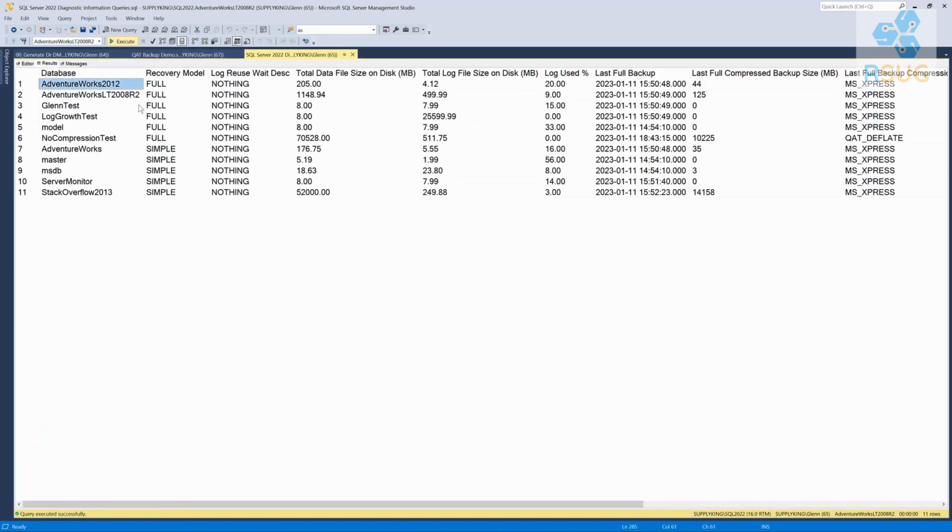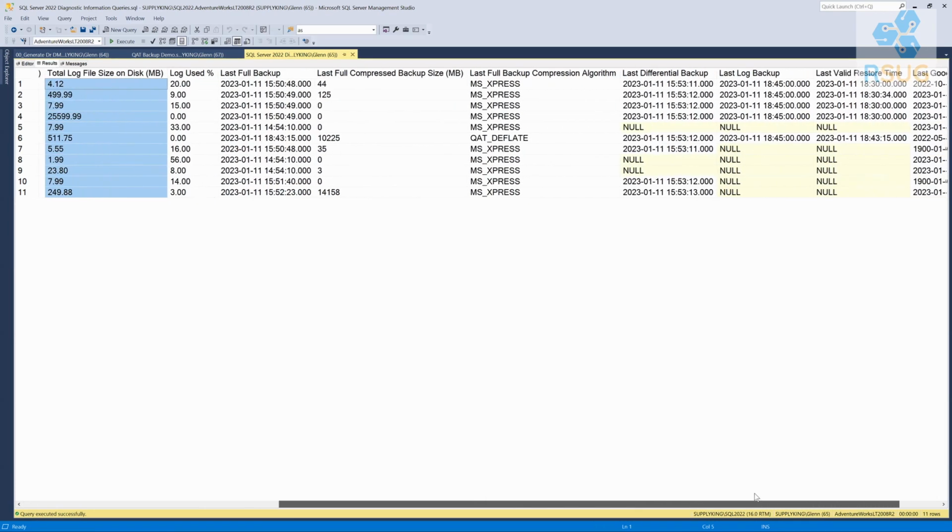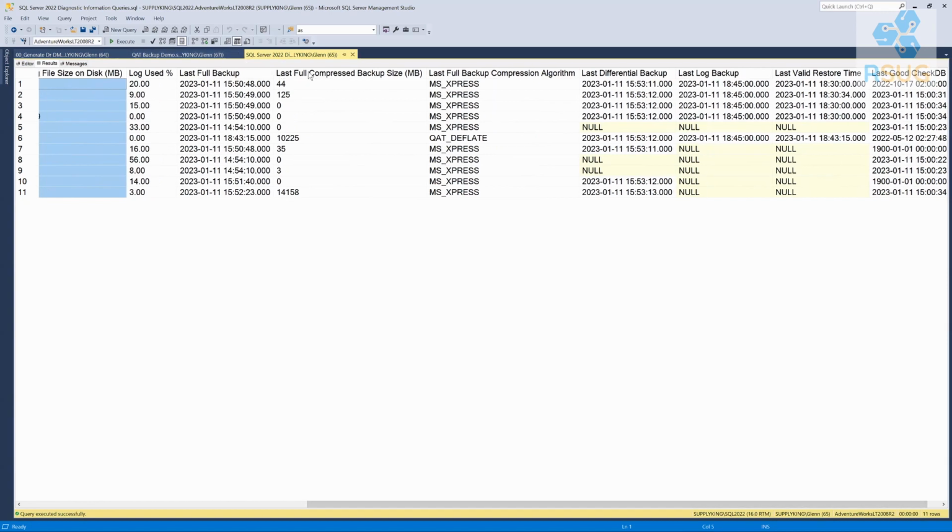So when I run this, this shows all the databases on the instance and what their recovery model is and what their log_reuse_wait_desc is, and then how big the data file is on disk, and how big the log file is on disk, and how much of the log is used. And then if we scroll over to the right, it shows when the last full backup was and how big it was, which is kind of nice to know. And then with 2022, it shows you the backup compression algorithm that was used for the last full backup.